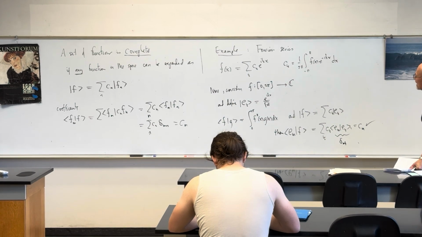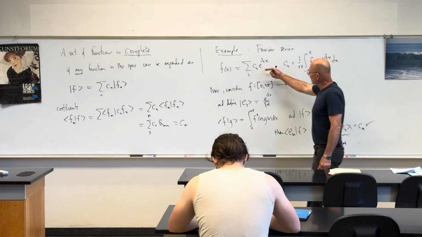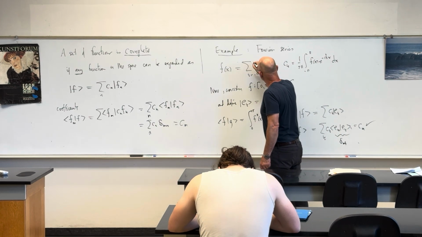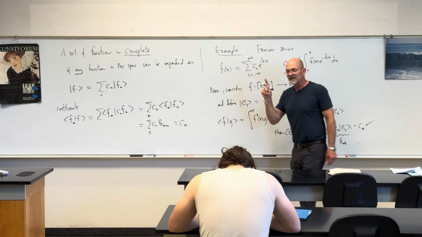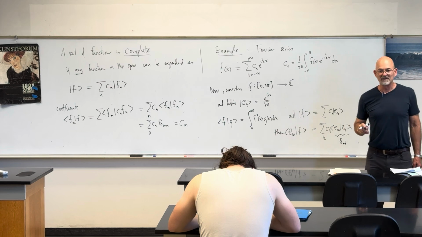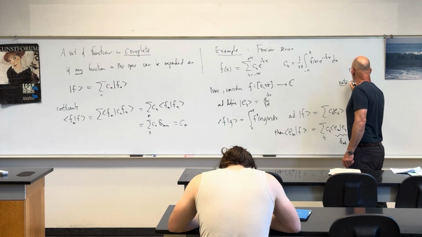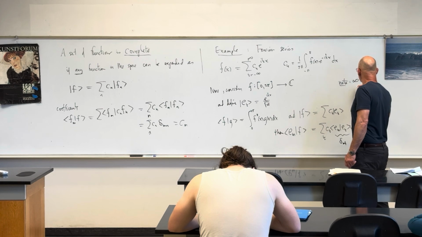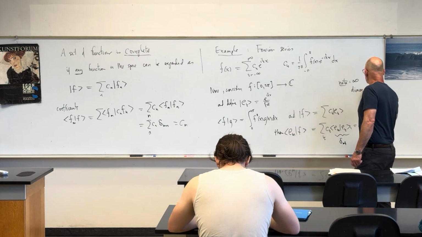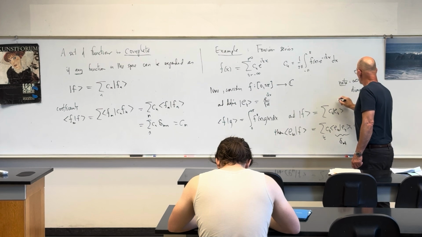Let's see what else we need for that. Oh, and this one, since we know where this came from, minus infinity to plus infinity, this one is explicitly infinite dimensional. So I'll just put a note: infinite dimensional space.